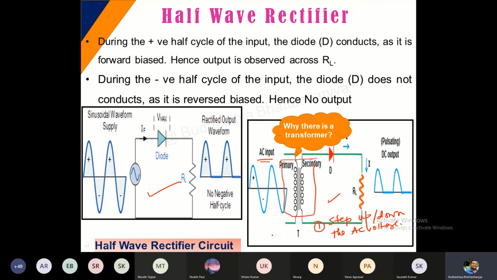We can say that it is working as a half efficient system, because the total value of the AC, if you observe, so this is my total amplitude. If you consider the total positive and negative cycle, this is plus minus 5 volt. But here you are restricting it to a small 5 volt. So you are reducing the amplitude as well. So it is not a right solution.